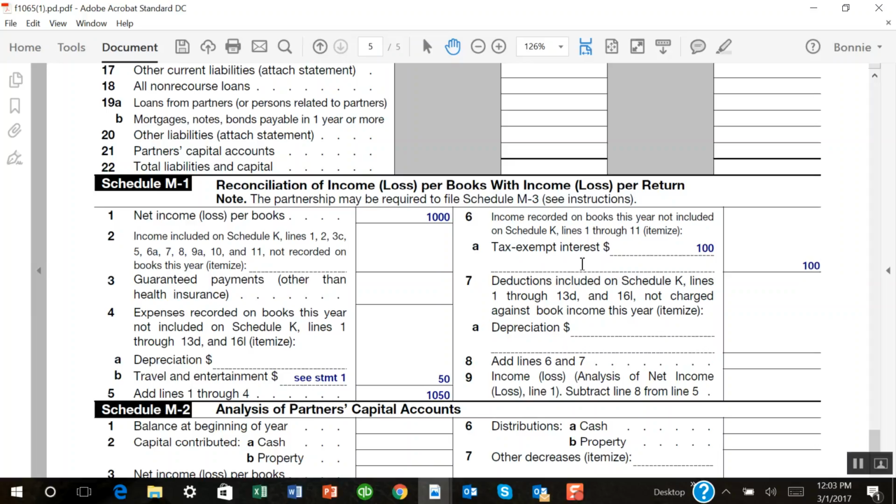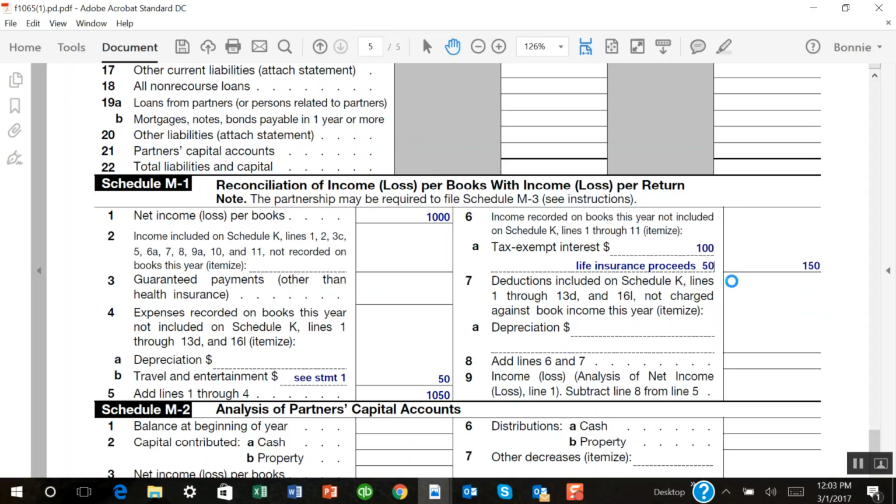If I have more than one, let's say I also have some life insurance proceeds. Life insurance proceeds where the company or the partnership is the beneficiary of the policy are not taxable. So let's say that the proceeds were $50.